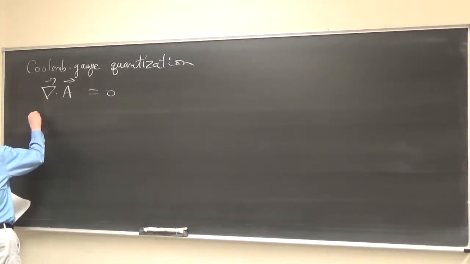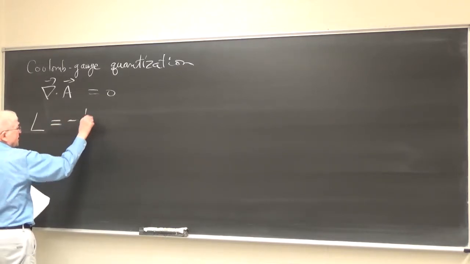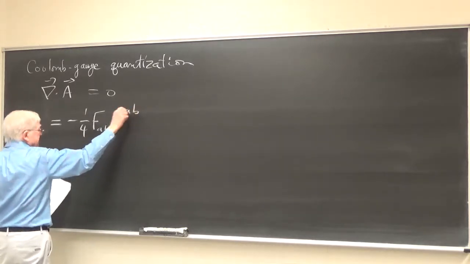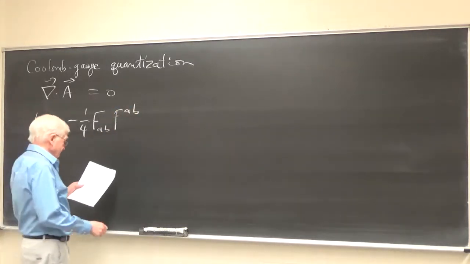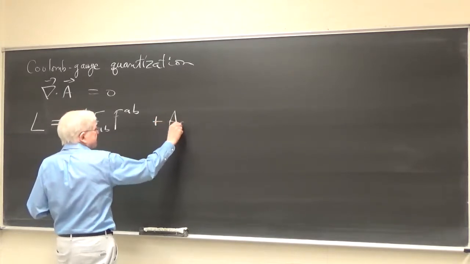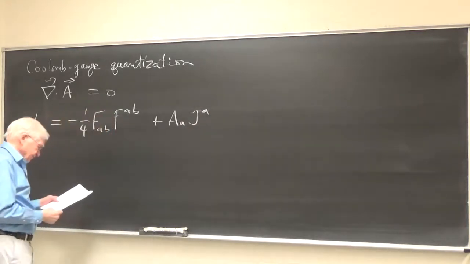The action density is minus a quarter F_AB squared plus J^A A_A, where J is some current.